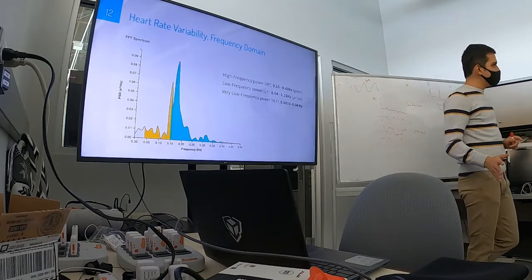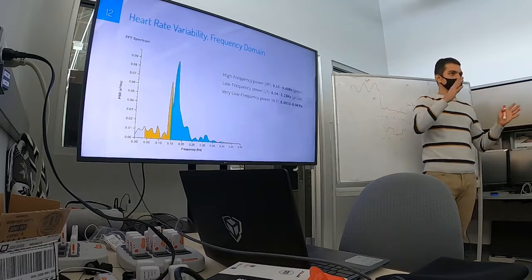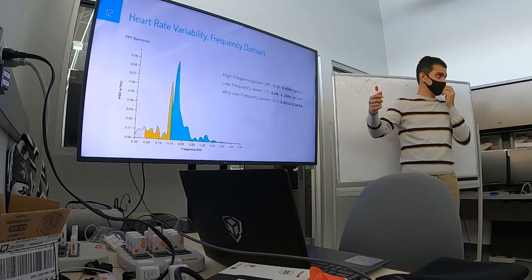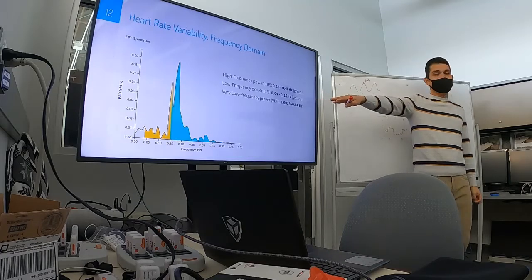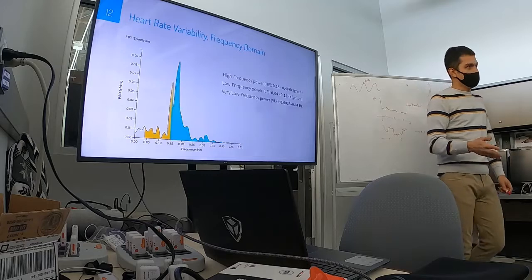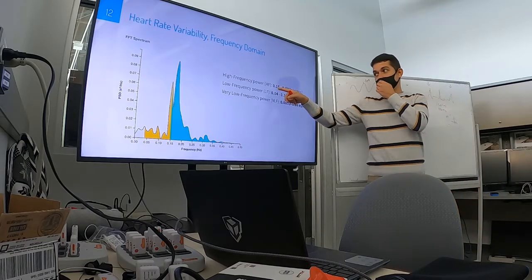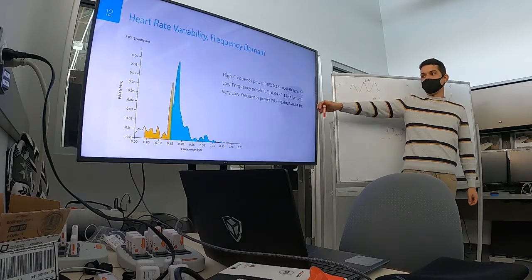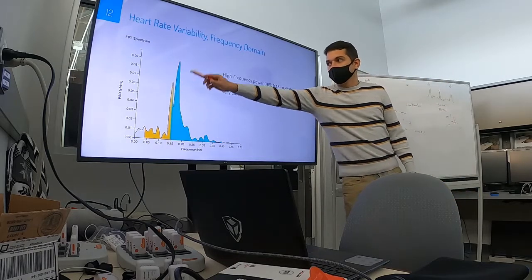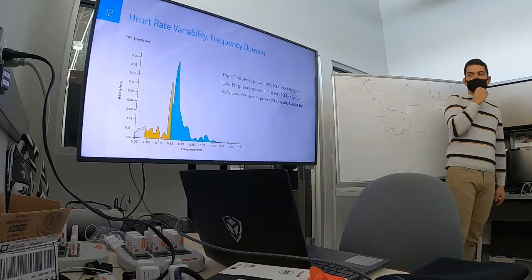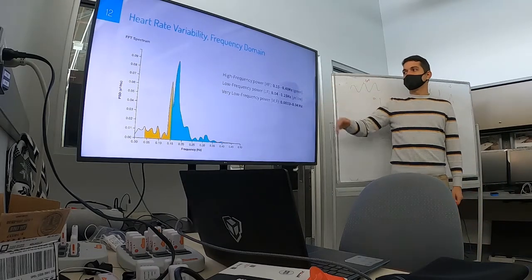What you will normally see in a heart rate variability signal, so the RR intervals, this is plotting the RR intervals time series, is mostly 3 bands or 3 ranges. The first is the high frequency power. So it goes from 0.15 to 0.4 hertz, and it's basically this kind of initial peak, a segment of that peak that you will see is related to the high frequency.